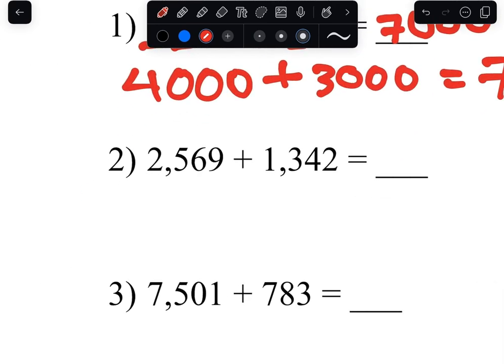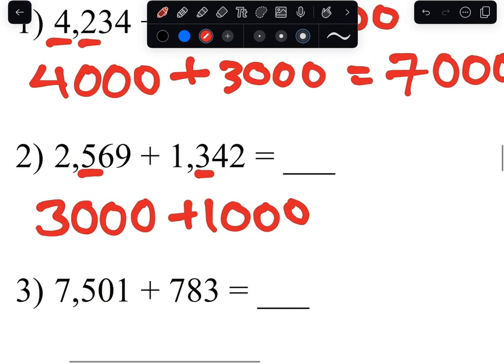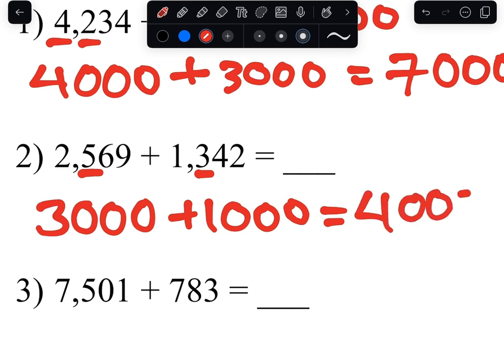Number 2, 2,569 plus 1,342. So 2,569 rounds to 3,000 plus 1,000 because this is less than 5. 3,000 plus 1,000 is 4,000.